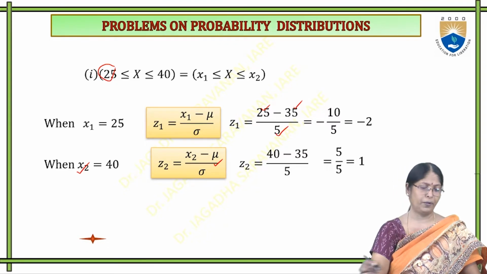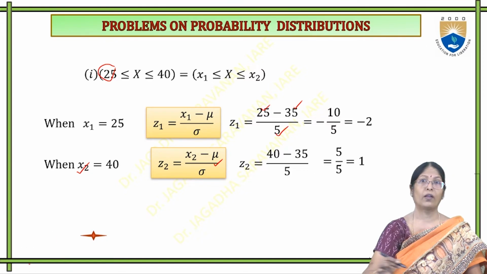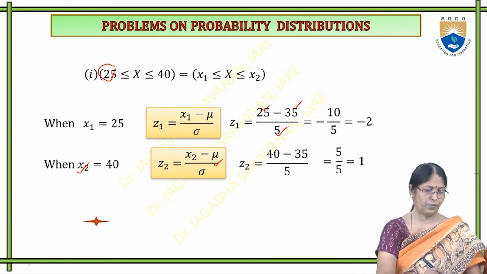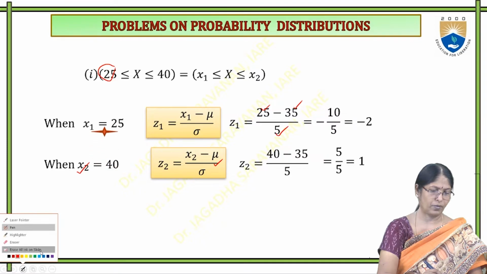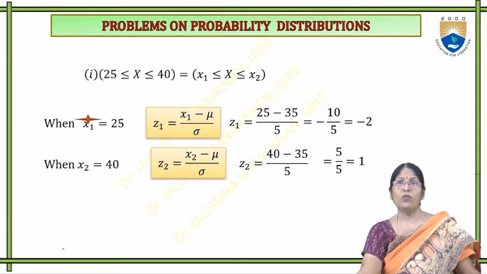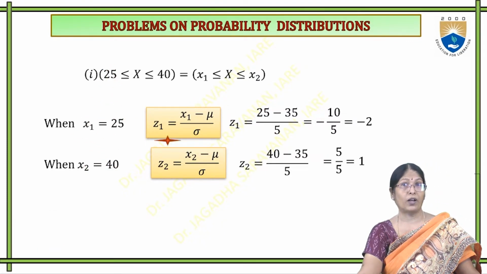So now the 25, x1 converted, we applied formula, we obtained the result. 40, x2, z2, we obtained the result 1. That's what the star indicates.